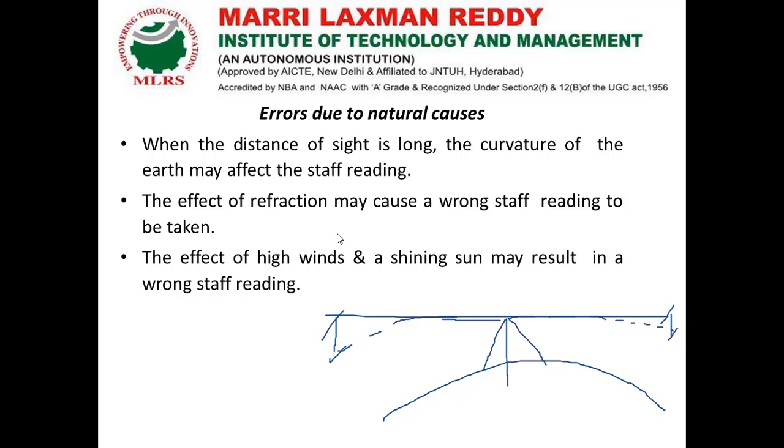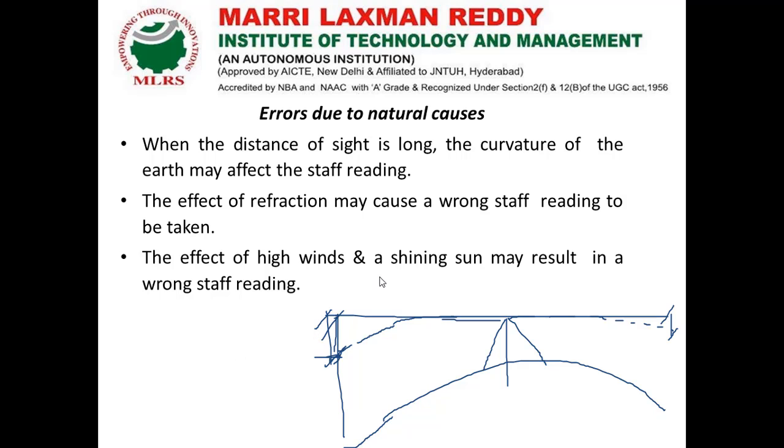The effect of refraction may also cause wrong staff readings. Once curvature is involved, we need to take the reading here, but due to the effect we get the reading here. This is the refraction correction.